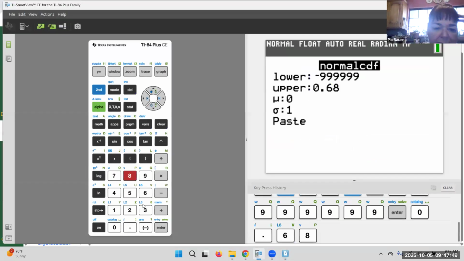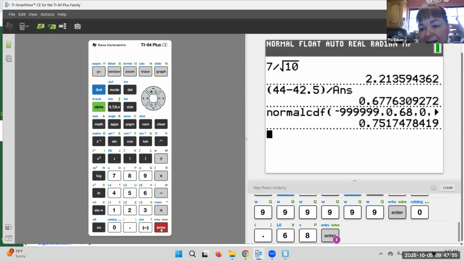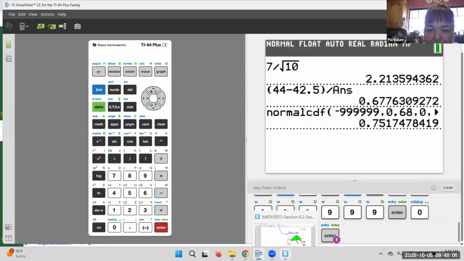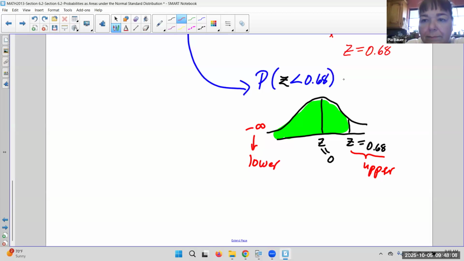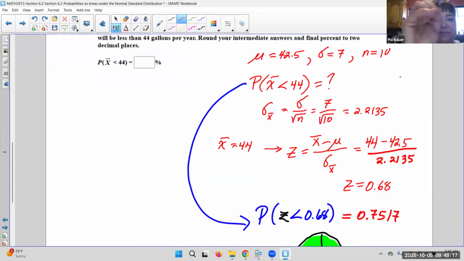Yes. So now we go down to paste, press enter again. And this is the area under the curve. We usually take 4 decimal places for that. So that would be 0.7517. But when we're talking about probabilities, we express that as a percent.